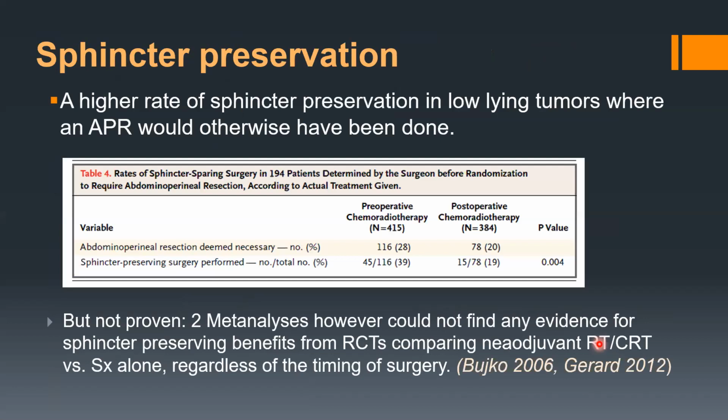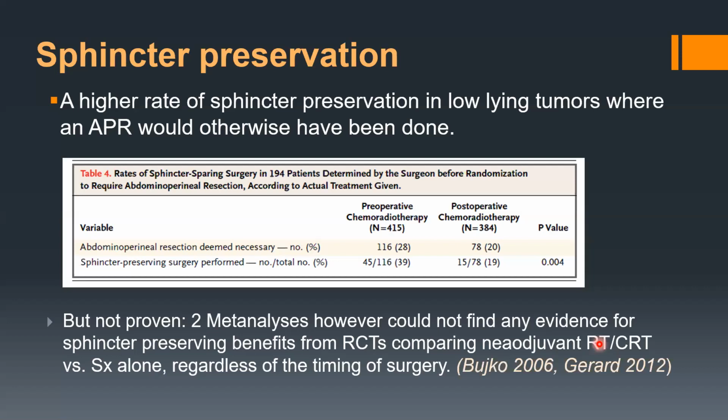What this trial also showed was that in a subset of patients who were upfront thought to be candidates for abdominoperineal resection, sphincter preservation could be done in low-lying tumors where an APR would otherwise have been done. And the sphincter preservation rate was quite interesting. It was significantly higher in the neoadjuvant or the preoperative chemoradiation group.